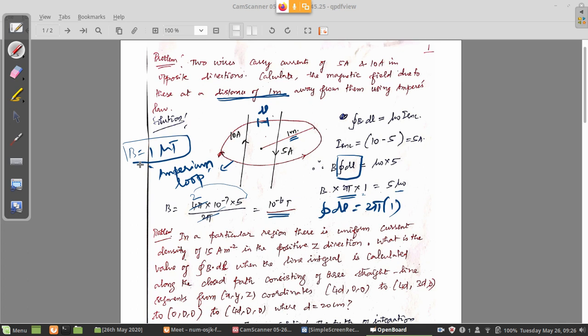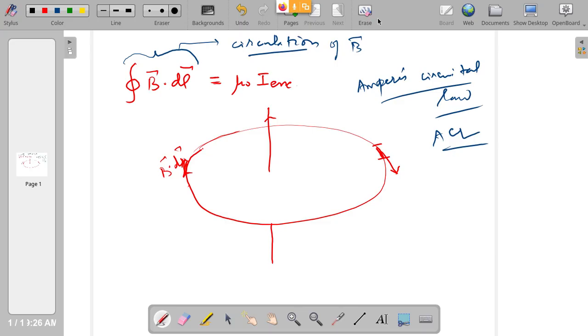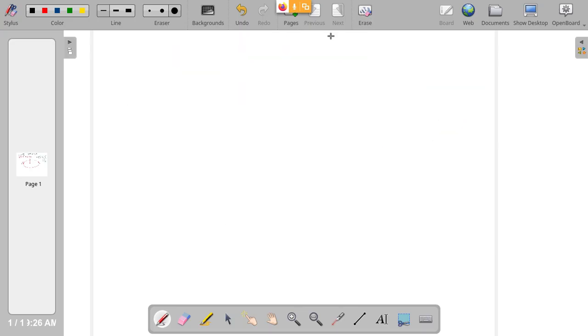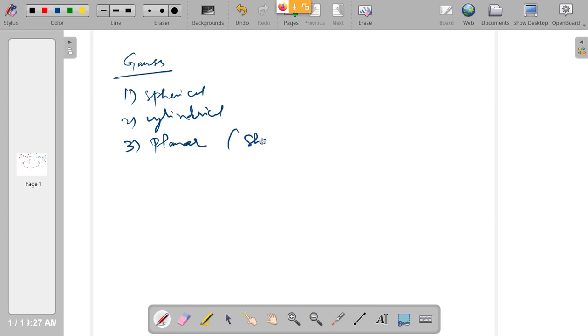But again, you have to remember that just like Gauss's law, Ampere's law cannot be applied to all situations. It can be applied only to certain specific situations where the symmetry permits. Gauss's law we can apply only to spherical symmetry, cylindrical symmetry, and planar symmetry, that is, a sheet of charge.